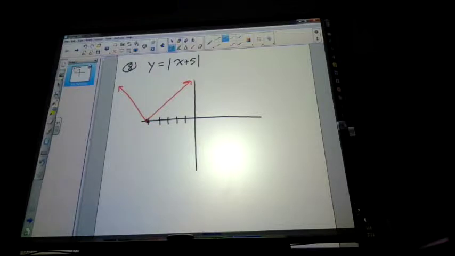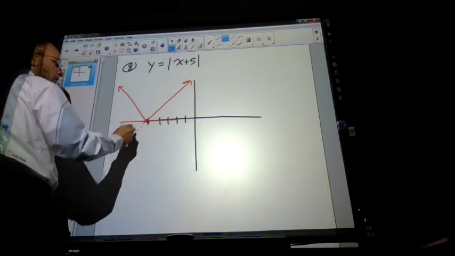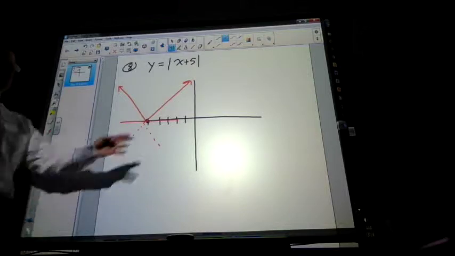Okay? Is it symmetric about the x-axis? I fold it over the x-axis and I get the same thing. What about the y-axis? No. So it's symmetric about that, but it's not symmetric about this.